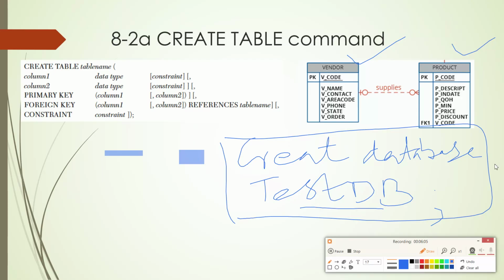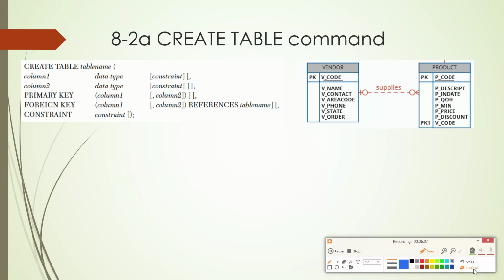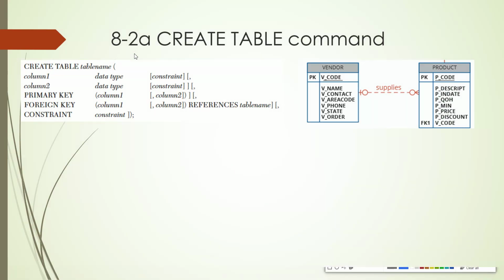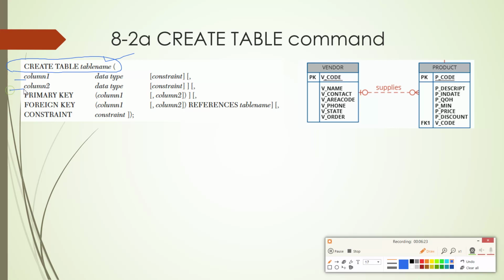For table creation, create table is the keyword and table name is the name of the table. And here we will be using different columns. For example, if we are going to create the table for the vendor, all these are the columns we will be using, and then for each column we have to set the data types.